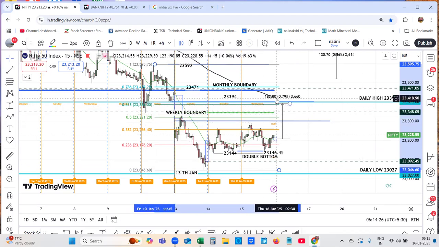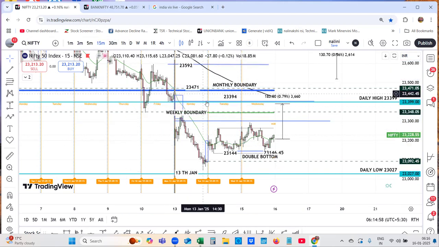And even the 200 period moving average is coming down, and it is near the 0.618 level, 23,381. So if the market jumps to that level, it may face resistance. And even the VIX level is also calculated, and it has given the level of 23,399. So by analyzing in all the ways, I have found the levels.